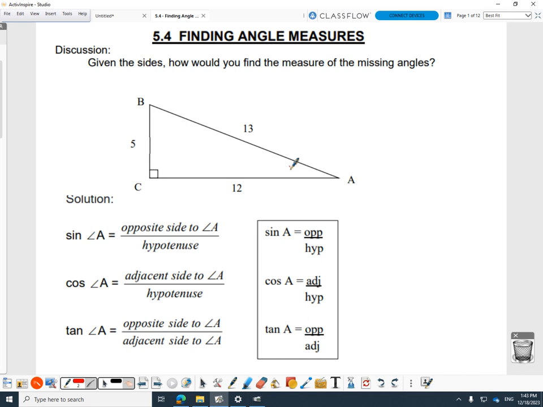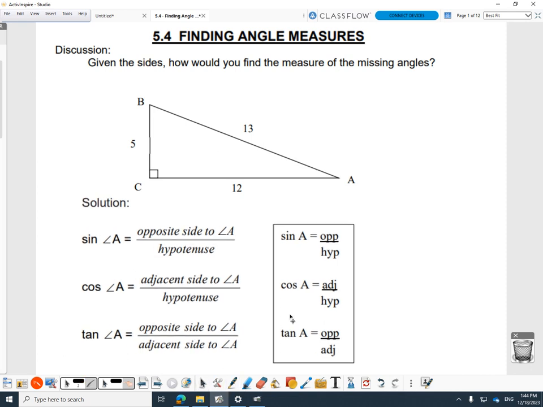Well, let's review what we've seen so far. Given the sides, how would you find the measure of the missing angles? It seems impossible, by the way. There's nothing we've taught you in any math class that seems like it can help here. But what I've showed you can help, actually.